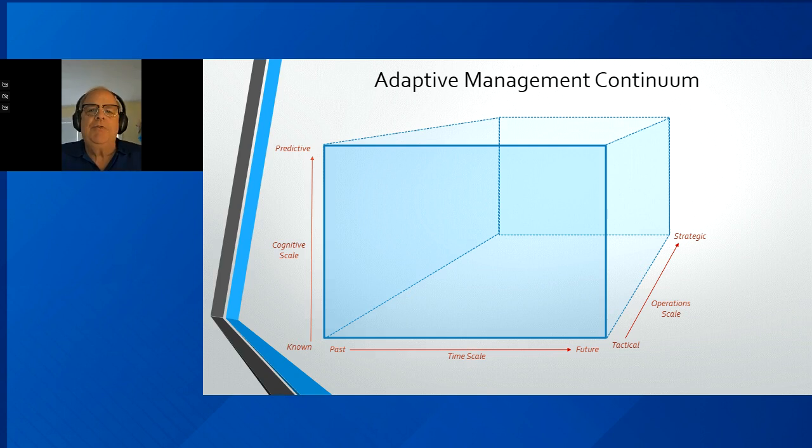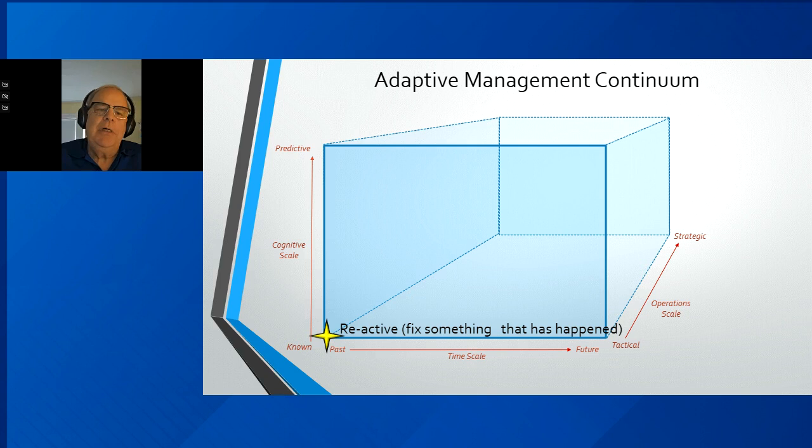We have on this 3 scales, a cognitive scale that is activities that are known all the way up to a fully predictive, probably a probabilistic predictive, a time scale ranging from things that have happened in the past to things that will happen in the future, and an operations scale that ranges from very tactical things that are focused on individual items to strategic that are there to implement goals.